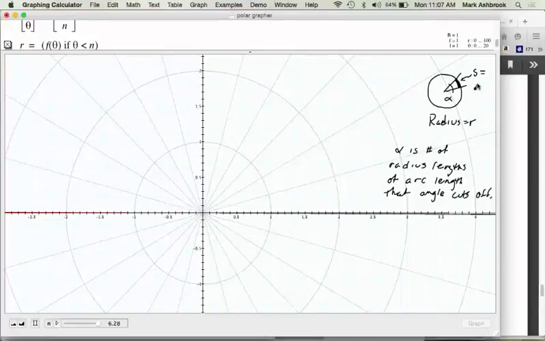Okay, so it's r times alpha. Because alpha is how many radius lengths, and r is the length of one radius.